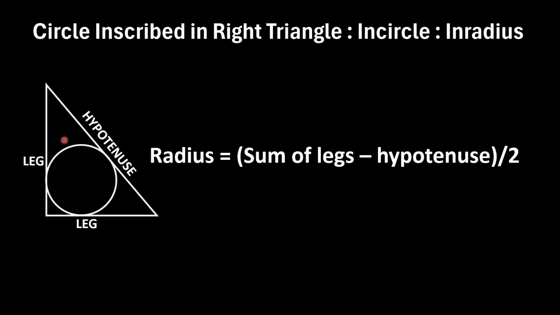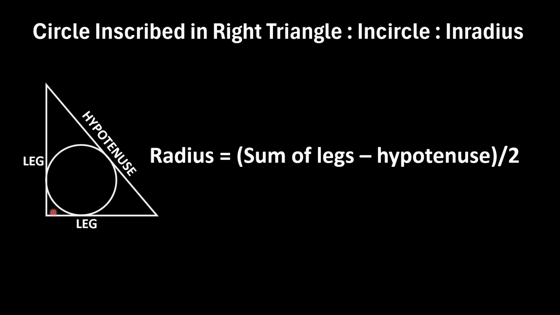So if you are given a right angle triangle with an inscribed circle, the inradius, that is the radius of the incircle, would be the sum of legs minus hypotenuse, whole by 2. Now what are legs? The two shorter sides are called legs, and the longest side is called the hypotenuse. Hypotenuse means opposite to 90 degrees.